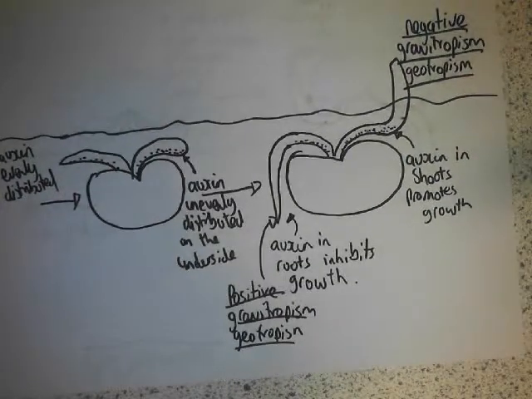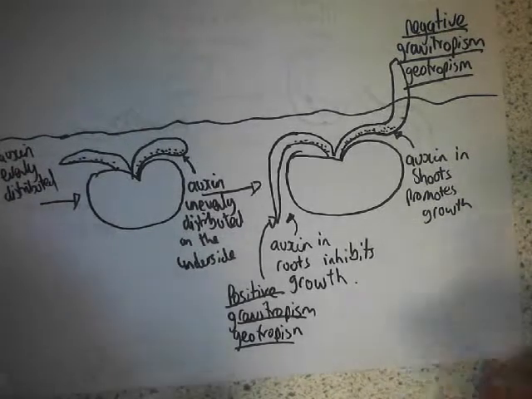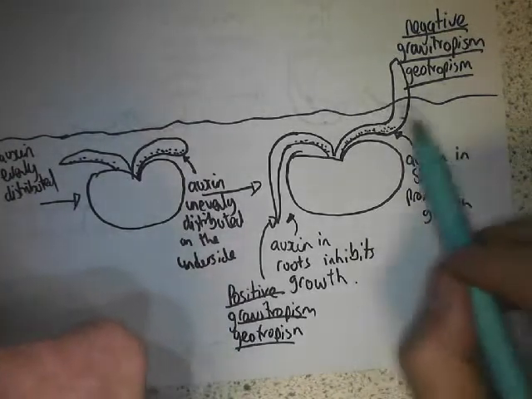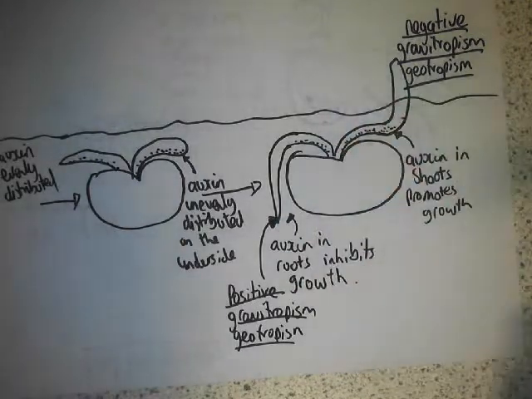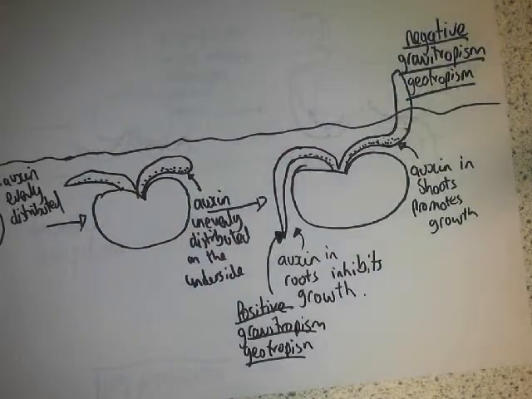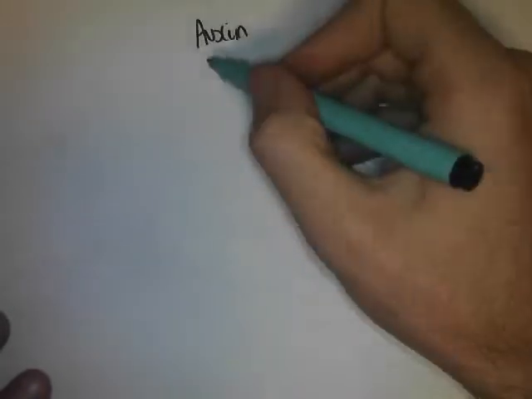And that's why shoots, doesn't matter if you plant them upside down, sideways, wherever you plant them, the shoot always grows up and the root always grows down. Clever, eh? So, the next bit of tropism you need to learn about is still to do with auxin, and this time is why do plants grow towards the light?